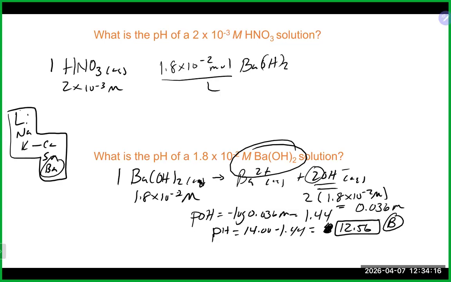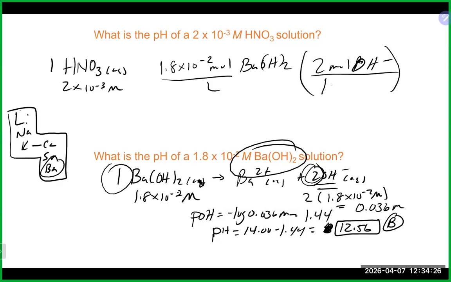And basically what you're doing is just the mole to mole relationship. It's a 1 mole to 2 mole relationship, so 2 moles of the hydroxide come from 1 mole of the entire compound. And this cancels out the units, and you end up with moles per liter of hydroxide. And that's why we're multiplying by the 2 in this case.